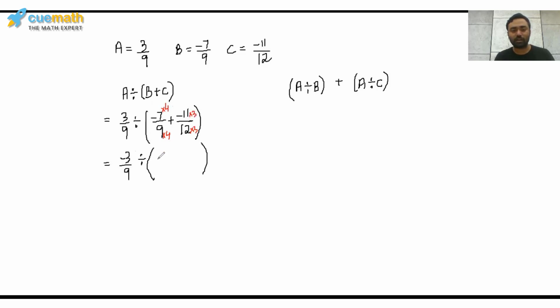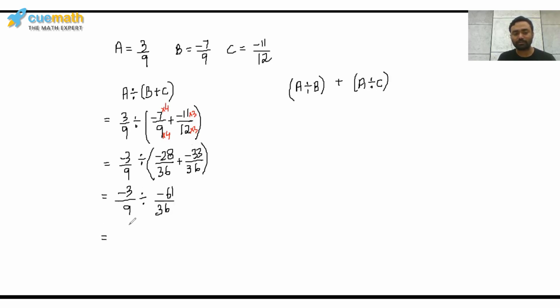Eventually we are going to get negative 28 over 36 plus negative 33 over 36. Now if we solve this part, we are going to get negative 3 over 9 divided by, now if we add negative 28 and negative 33, we are going to get negative 61 over 36.